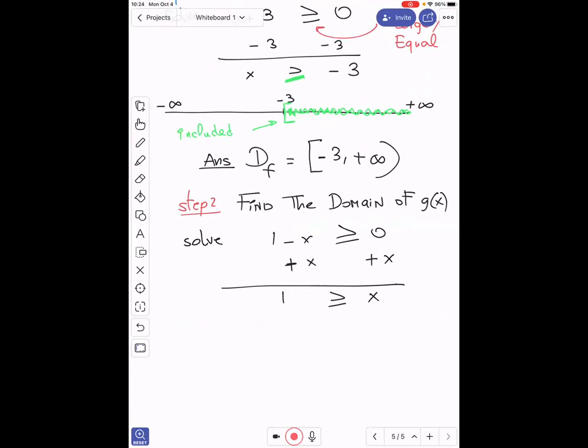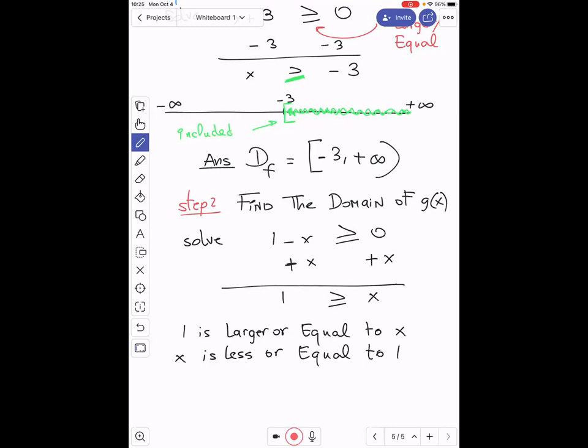So what we are saying here is that 1 is larger or equal to x. In other words, if 1 is larger or equal to x, then x is less or equal to 1. That's equivalent.